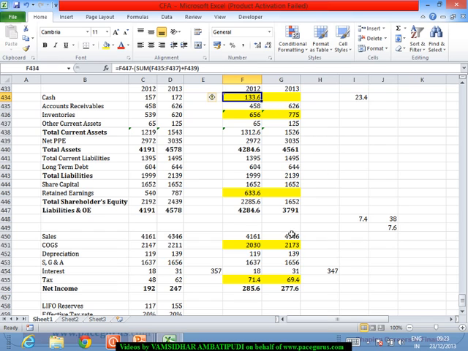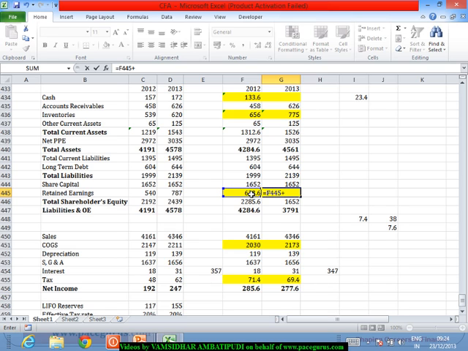The same logic I can apply now. From 62, this has gone to 69.4. Now that is the excess, and of course here when I have to compute the retained earnings, I will take the previous period's retained earnings, which is this particular number, plus the net income for this particular year, taking the retained earnings to this particular number.